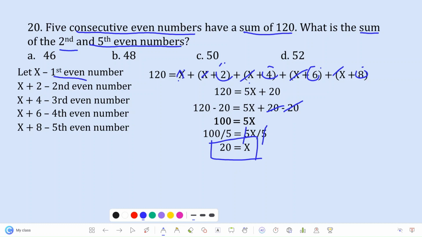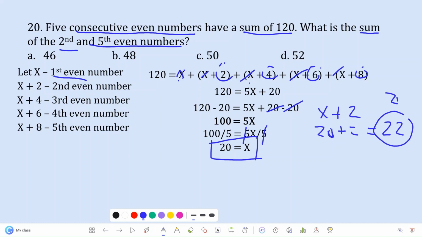Ano ba ang hinahanap natin? Sum ng second and fifth. So, dahil ang x natin is equal to 20, ano ba ang second even number? X plus 2. Ito yung second even number. Ano ba ang x? 20 plus 2. This is equal to 22. This is our second even number.